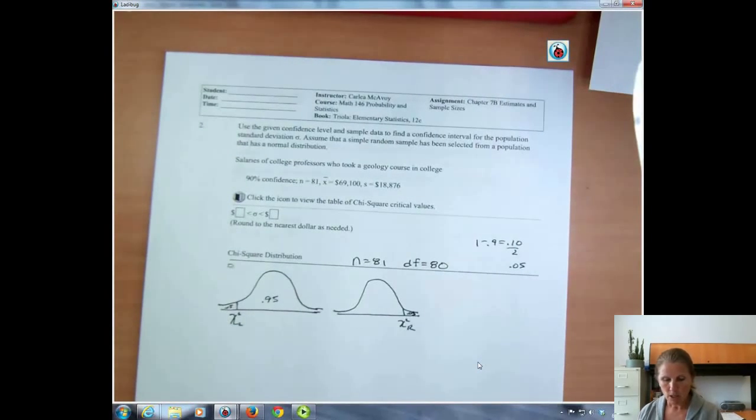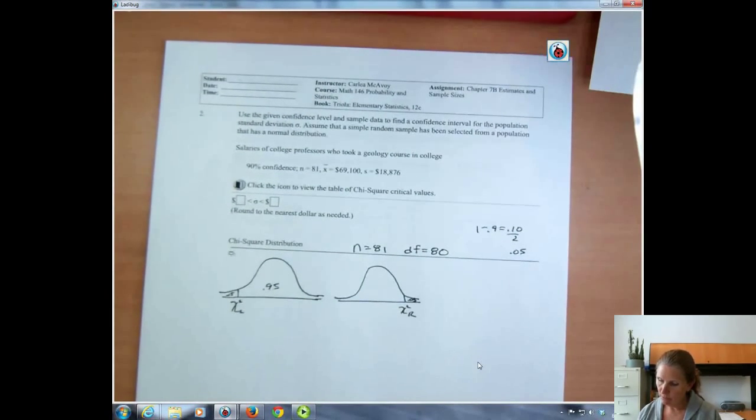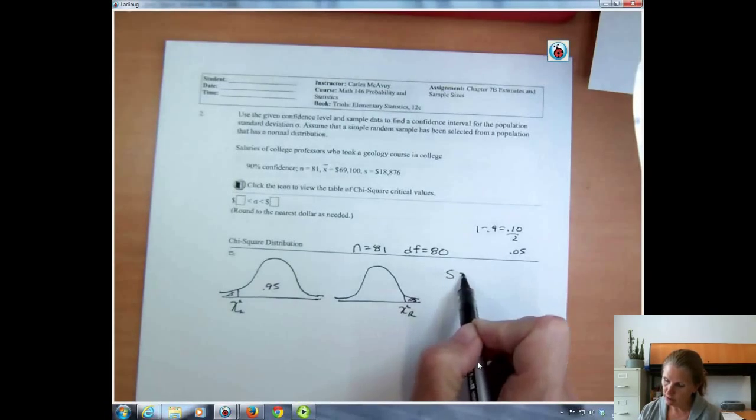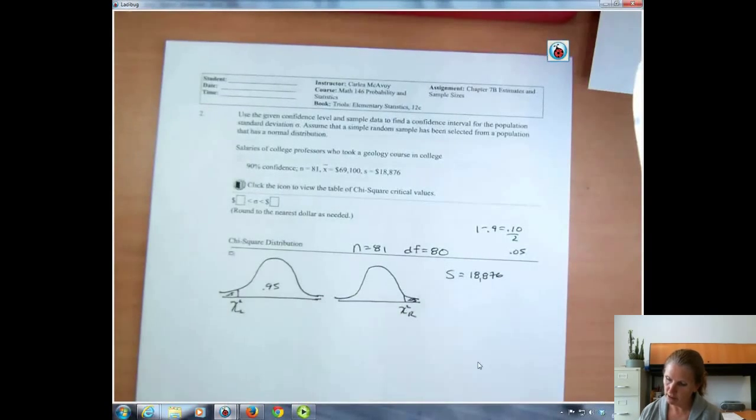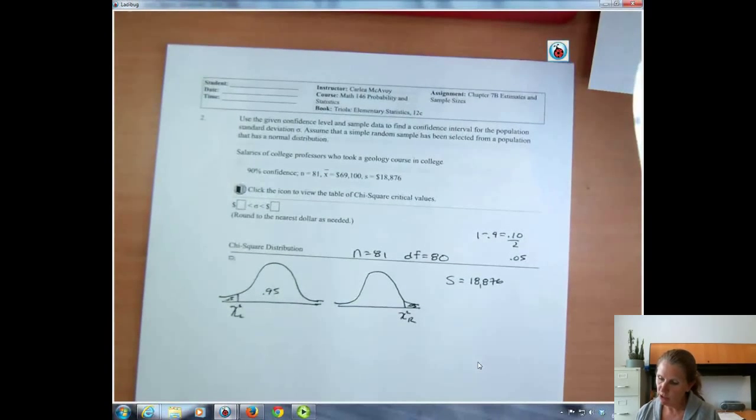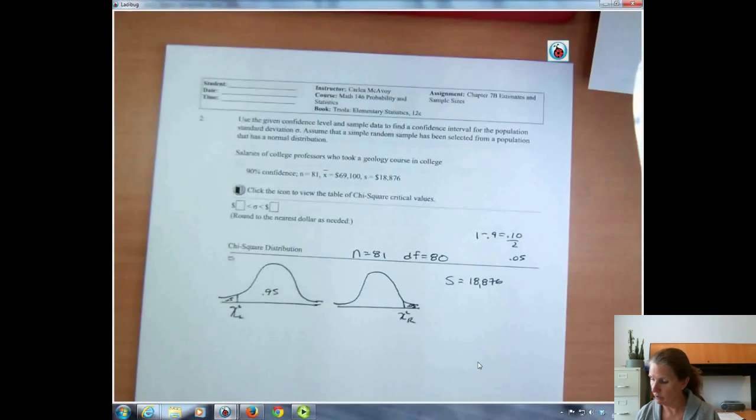Okay. So looking at the table, and by the way, we know what our s is because it was given. We'll use that in a second. 18,876 is our standard deviation for the population. This one happens to be the salaries of college professors who took a geology course in college. Whatever. Okay, so about $69,000 is what they're looking at.